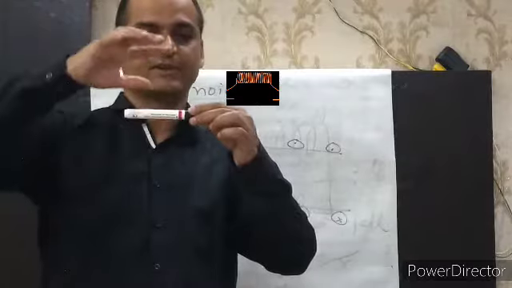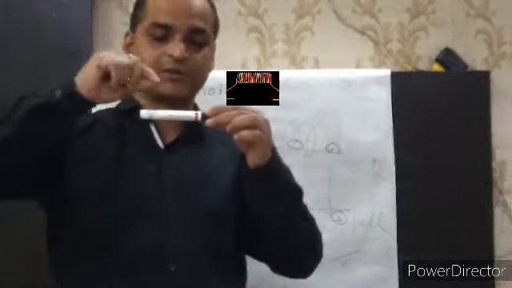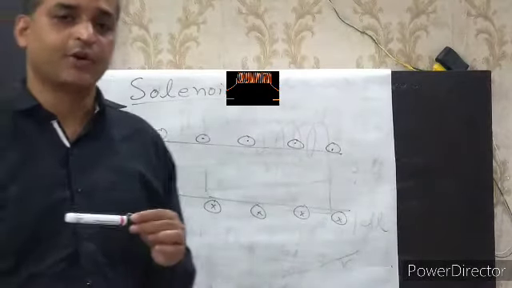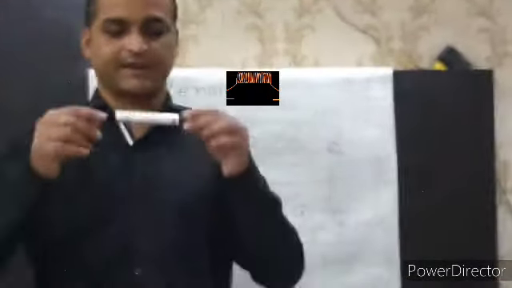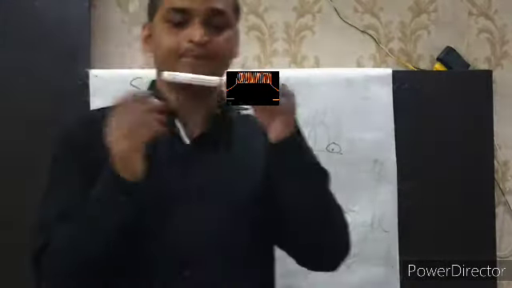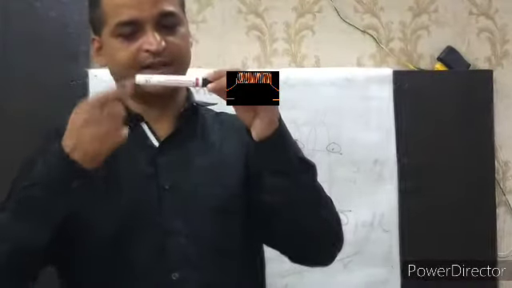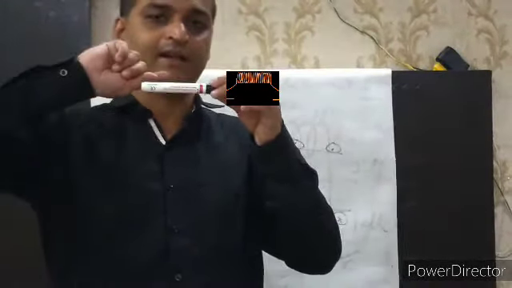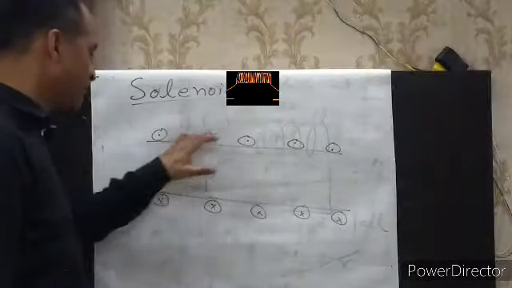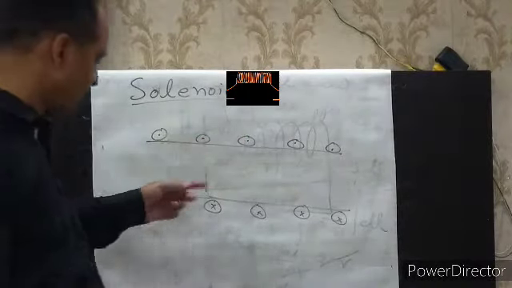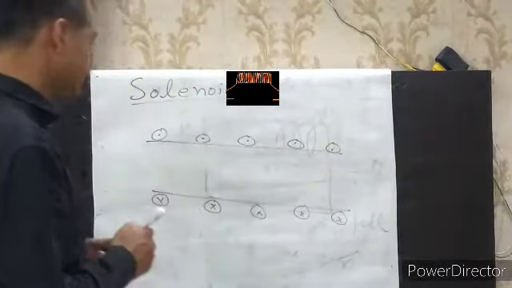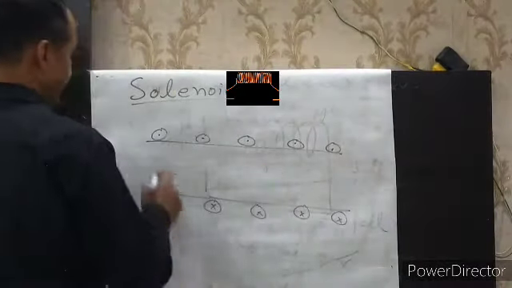In the books, dot means outward and cross means inward. So below the core the wire is moving inside, and above it is coming outside. Then this is a bar magnet. These dots are representing the wire coming towards you, and crosses going inside the board. Clear? Then we have to find out the magnetic field.